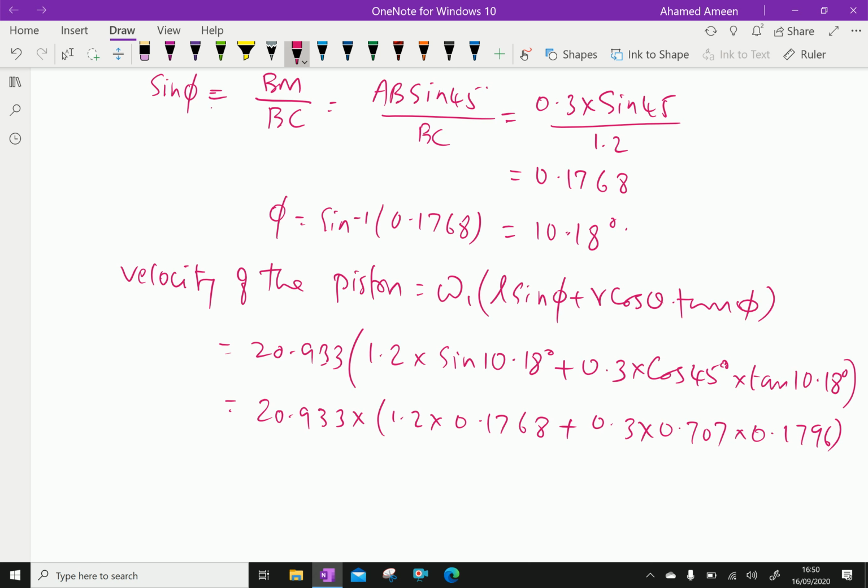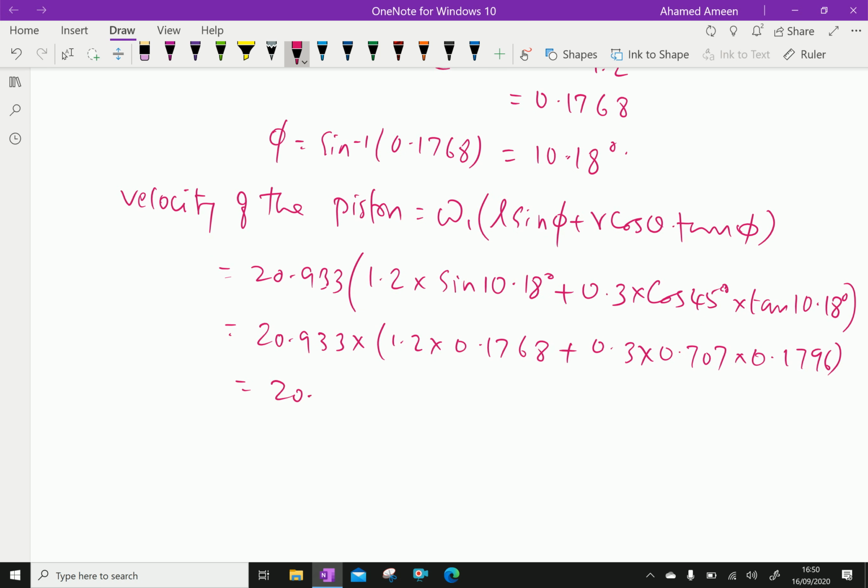So, which is equal 20.933 into, we'll do this, 1.2 multiplied by 0.1768 plus 0.3 into 0.707 into 0.1796.